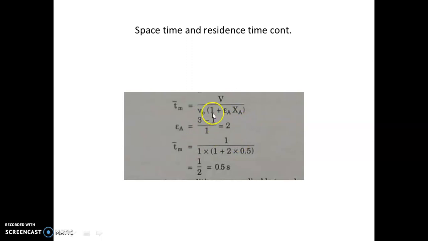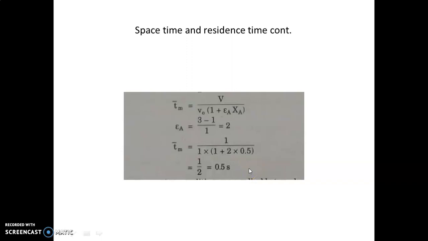You have to put this value here. So in this reaction we have initial volume 1, epsilon A equal to 2, and conversion 50%, that means 0.5. By calculating this residence time Tm bar, we obtain the value 0.5.